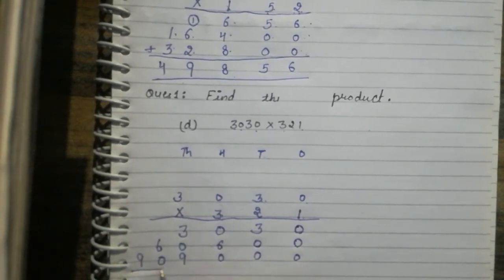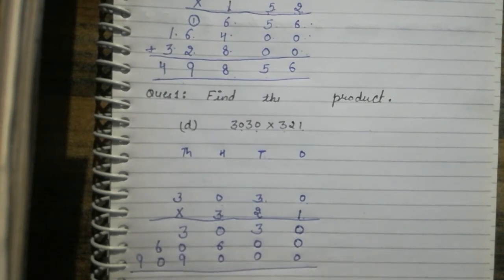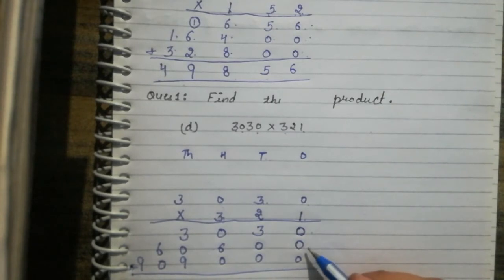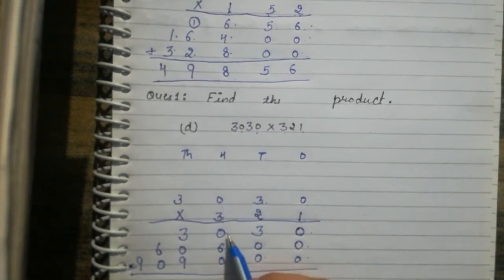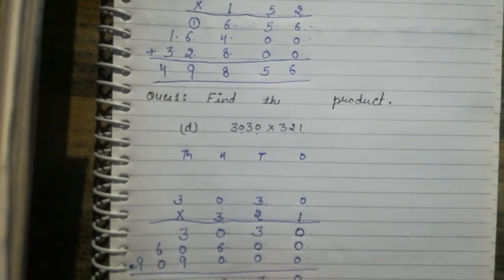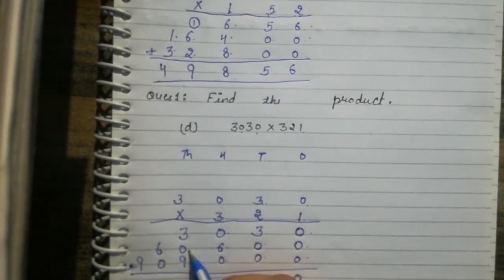Now our next step is to add these three products. So 0 plus 0 plus 0 is 0. 3 plus 0 plus 0 is 3. 0 plus 6, 6 plus 0, 6. 3 plus 0, 3. 3 plus 9, 12.